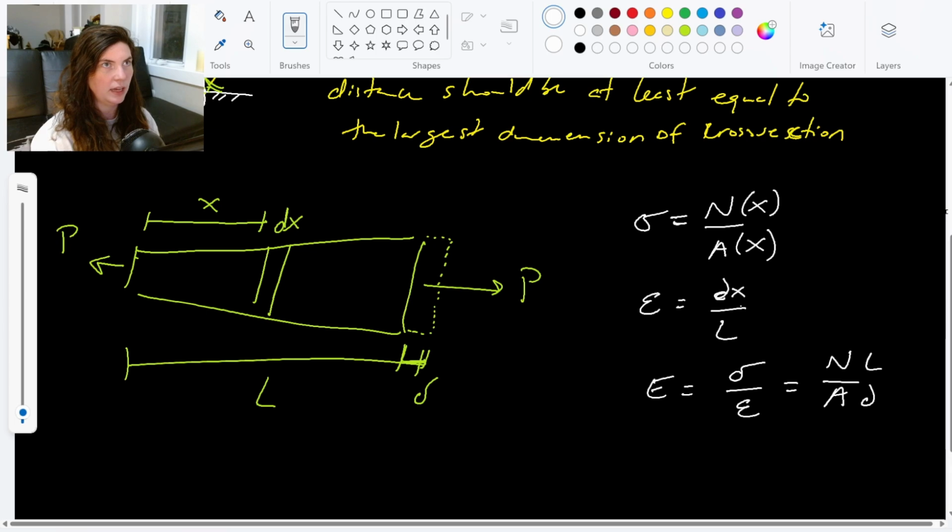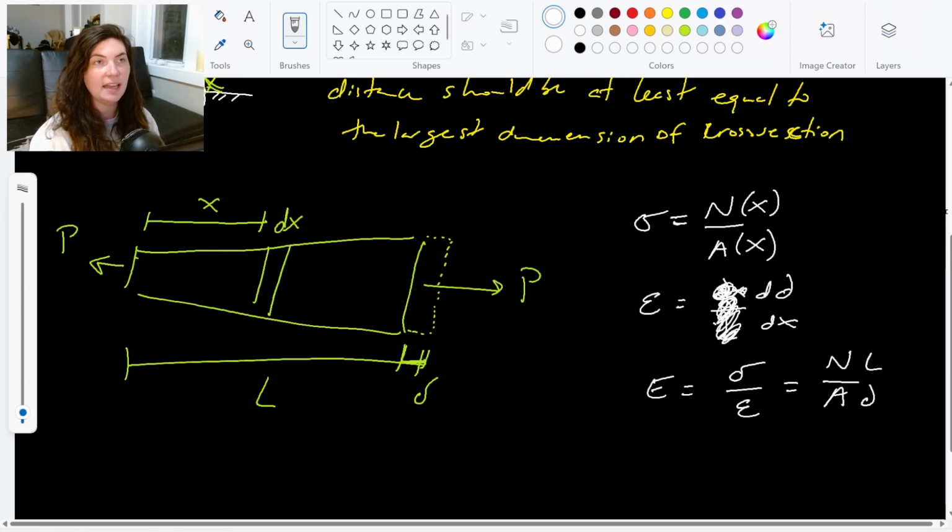Let's write it d delta dx instead, it's a little confusing with the d's and the deltas. So my change in delta over the change in length there.